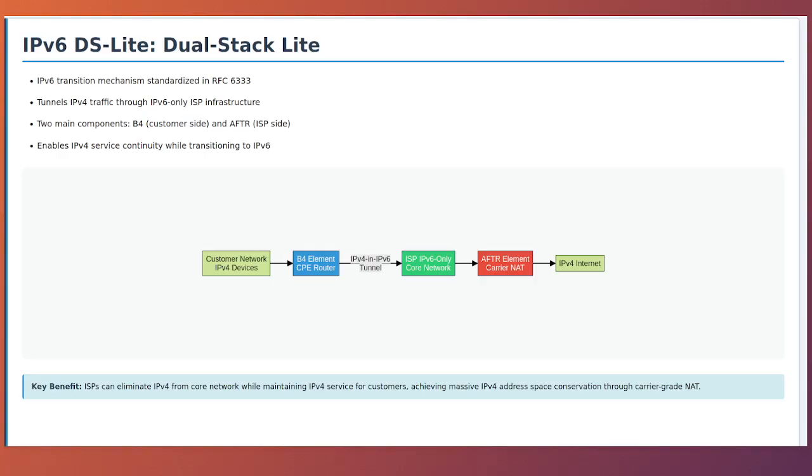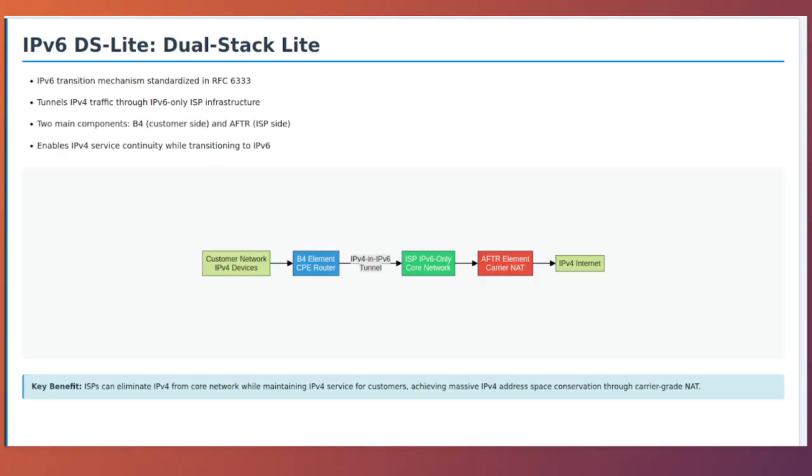That problem is, how do you continue providing IPv4 services to customers while transitioning your network infrastructure to IPv6? The beauty of DS-Lite lies in its approach. It essentially tunnels IPv4 traffic through an IPv6-only infrastructure, allowing ISPs to eliminate IPv4 from their core network while still supporting IPv4 applications for their customers.